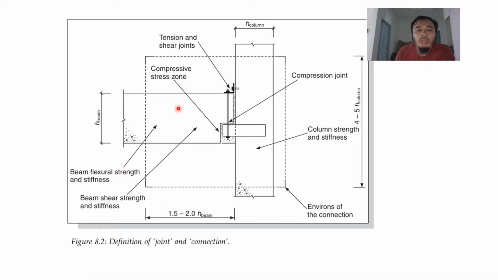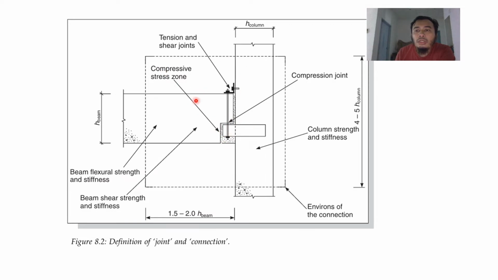And also as you can see here, this is a compression joint. This is the joint area. So as you can see, you need to design, although for the joints that you are seeing here, the tension and shear joints, you have shear joints and then tension joints, and then this is a compressive stress zone.